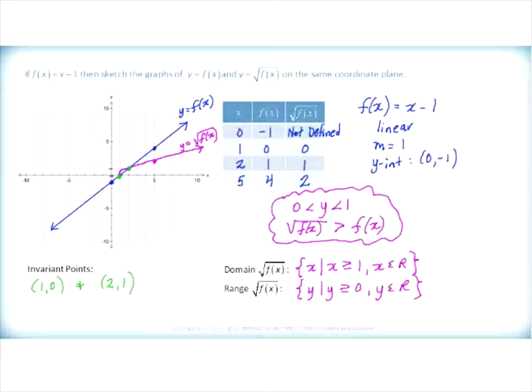Invariant points will always occur when y is equal to 0 and when y is equal to 1, because it's at these 2 points that the original function will be equal to that of the square root function. Notice there that the y values are equal at 0 and at 1. So the invariant points for this example are at 1, 0, and 2, 1.